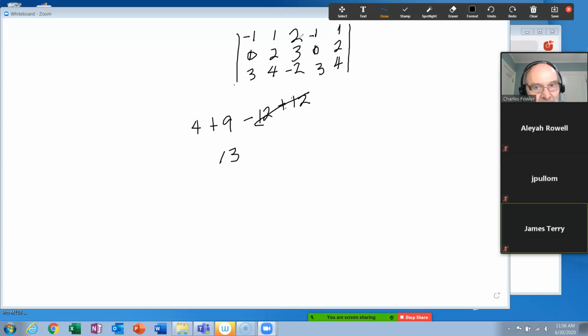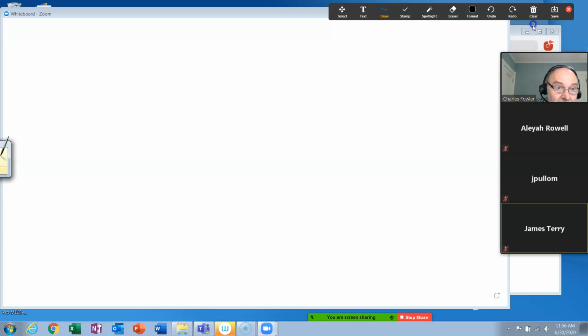Example 5 not only is in your book, you can go to larsonlinearalgebra.com for an interactive version of this type of example. And let me clear the screen now. There we go. Okay.